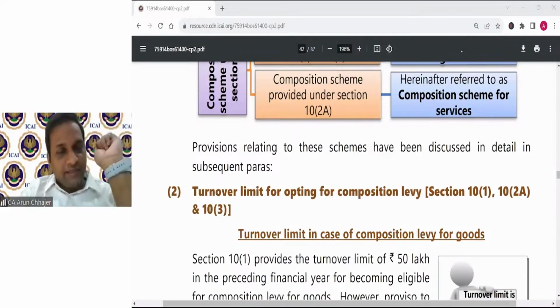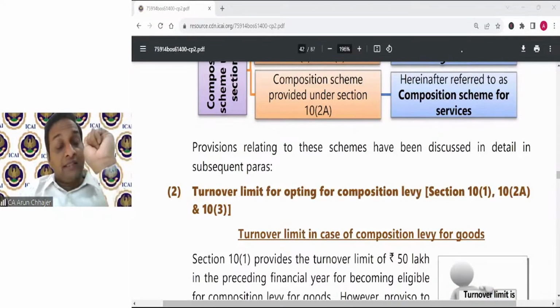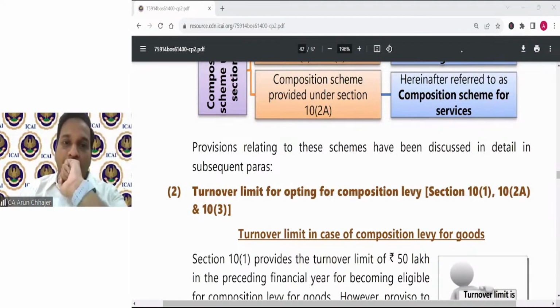All are correct. What is the biggest loss? The person who has taken the registration under composition, first, whatever the tax liability is, 1%, 5% or 6%, that person has to pay from his own pocket, because he cannot collect the tax from the customer.